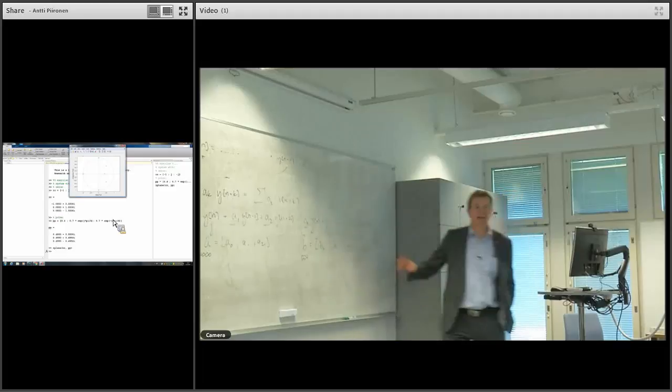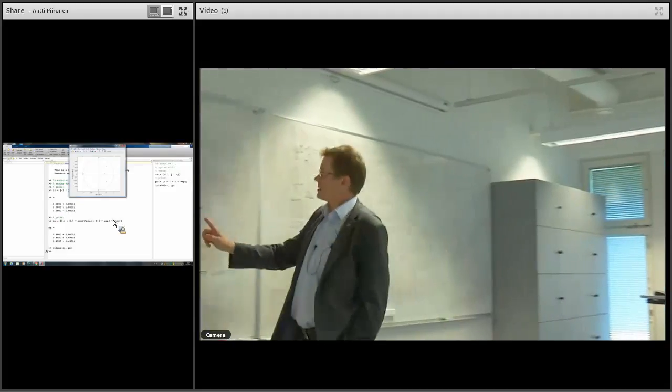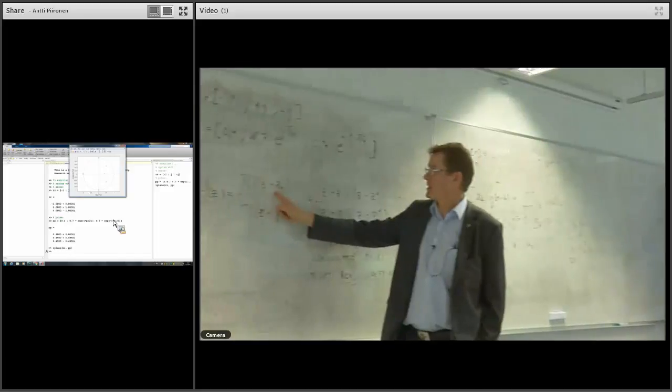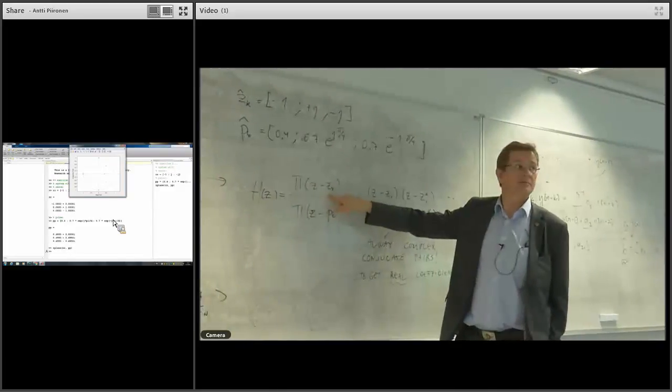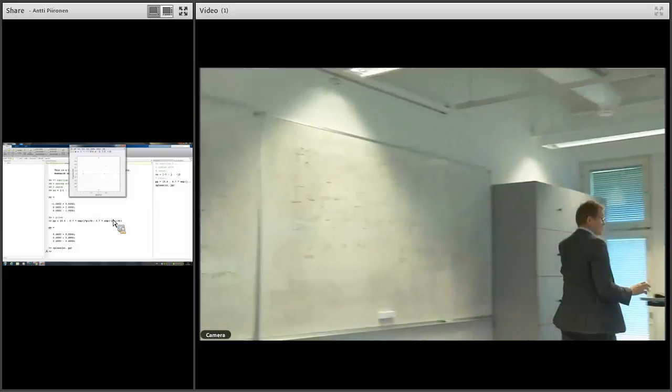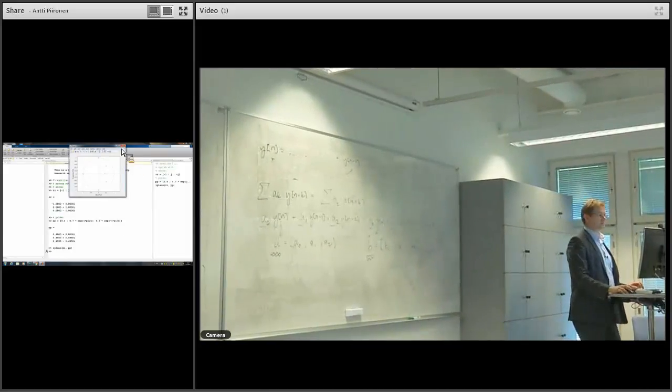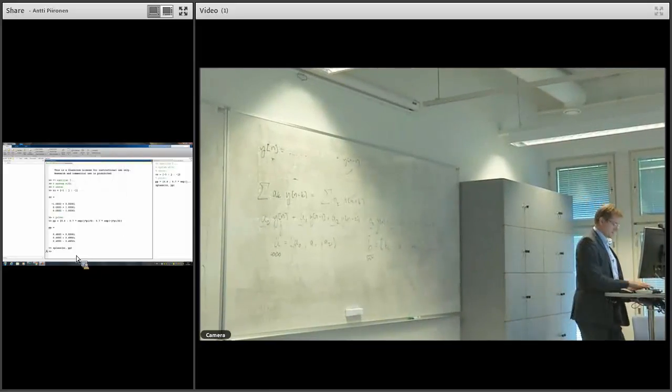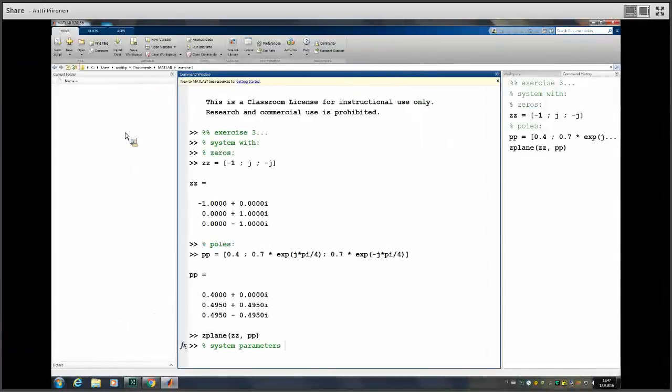Since this is basically the product form, we can use the inverse operation of roots, which is poly.